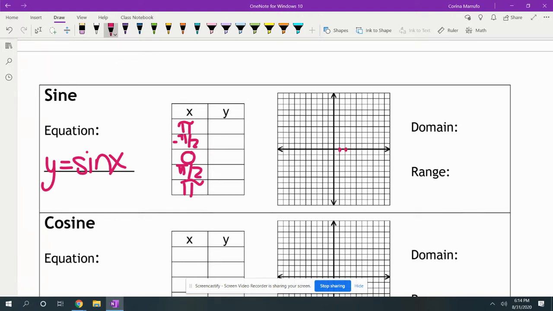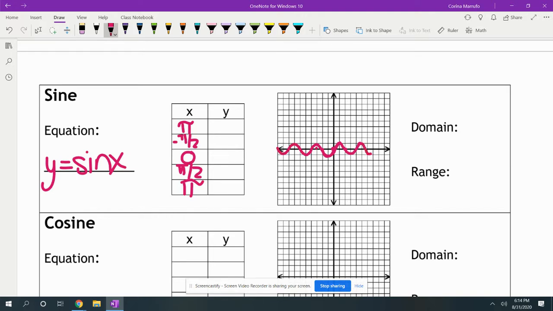Okay, so your sine function is going to be here at 0. It's going to go up to 1, come back down. Okay, so this part, I just want you guys to look at the pattern of what the graph actually looks like. So your sine function looks something like this. It goes through the origin, and then it just continues with a little wave. I can't make this perfect, but it'll look something like this.